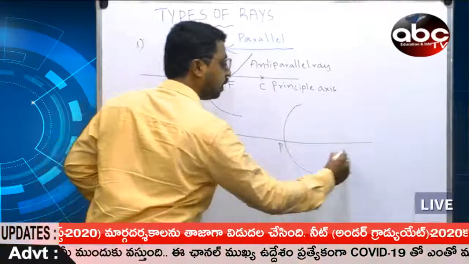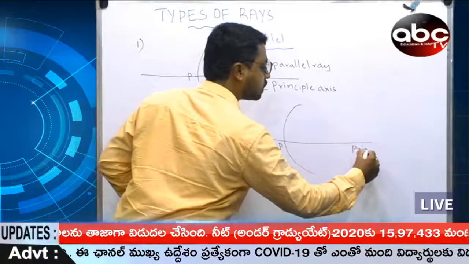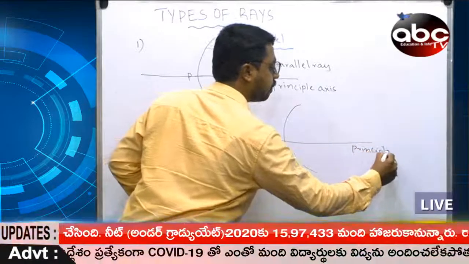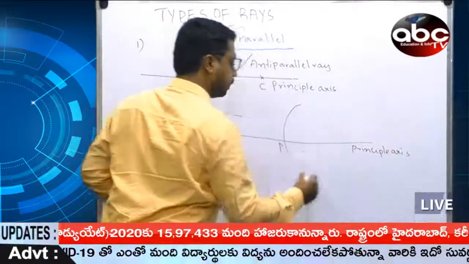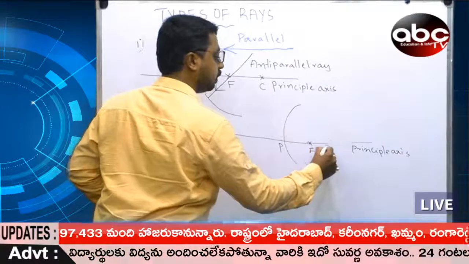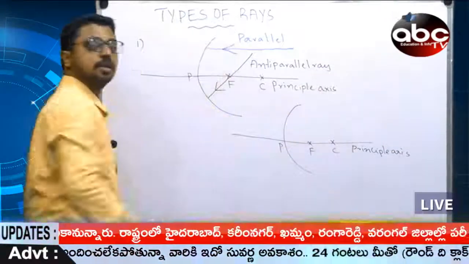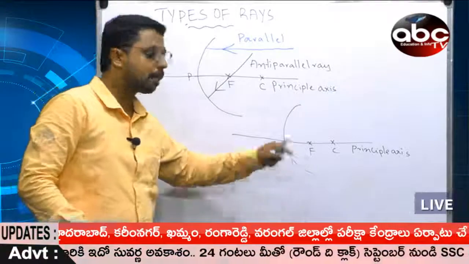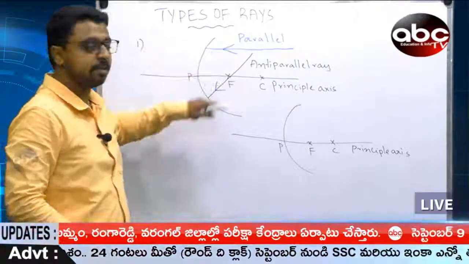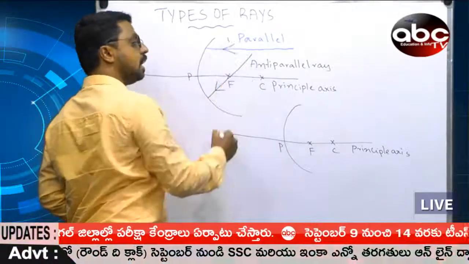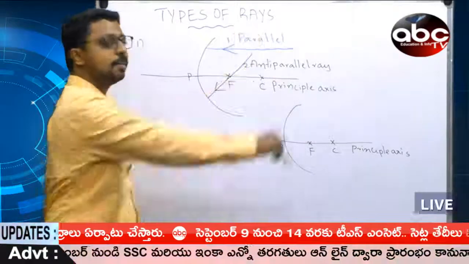This is the pole and this is the principal axis. This is the focus and this is the center of curvature. Two types of rays we have discussed. The first one is called the parallel ray. The second one is called the anti-parallel ray.